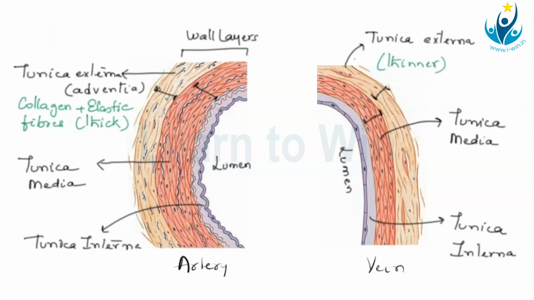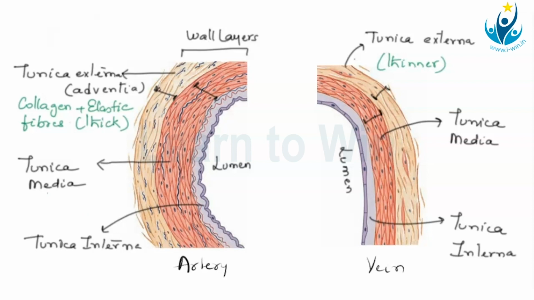And this tunica externa is stretchable, flexible and elastic, and it can stretch and withstand the internal blood pressure. That's why this is thicker in your arteries, because the blood flowing in arteries is under a lot of pressure, so you need thicker walls to withstand it.